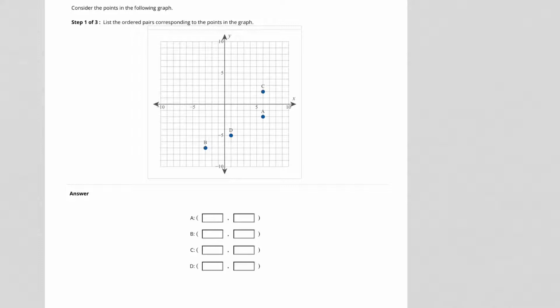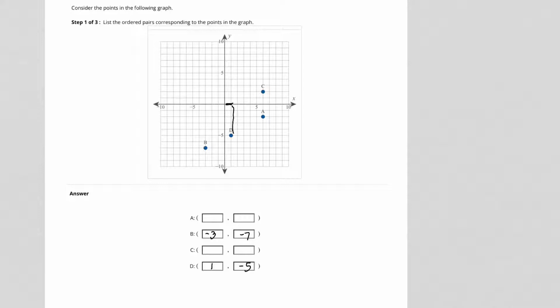I'm going to start with B. B is -3, -7, and you're just counting your points. D is the next point I come to. So if you're not sure about how I'm doing that, I'm just moving over 1, which is my x-coordinate.